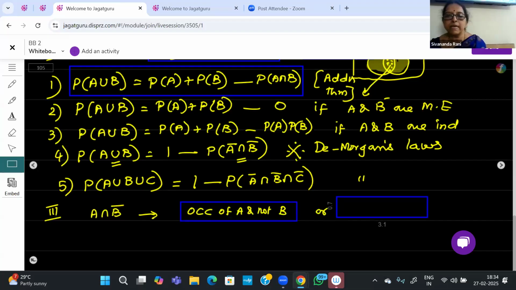What do I mean by saying occurrence of A and not B? I give the problem to A and B. A solved it, but B failed to solve it. Who solved it? Only A. Understood? Occurrence of only A.